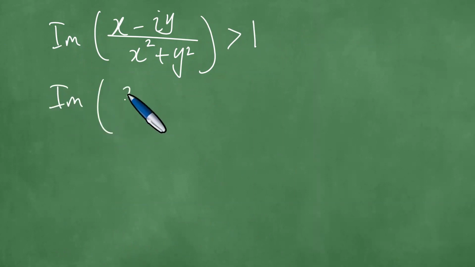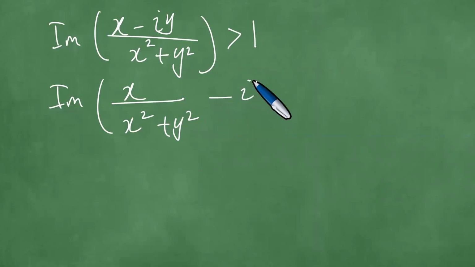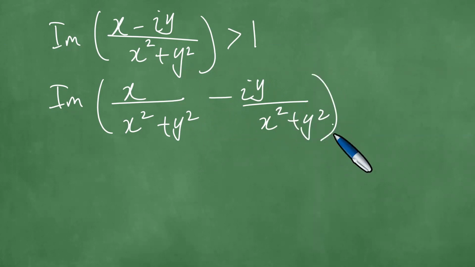Okay, which is the imaginary part of x over x squared plus y squared minus iy divided by x squared plus y squared, and this is strictly bigger than 1.